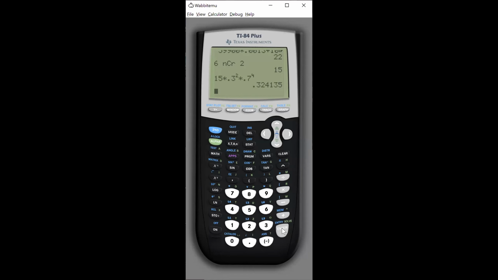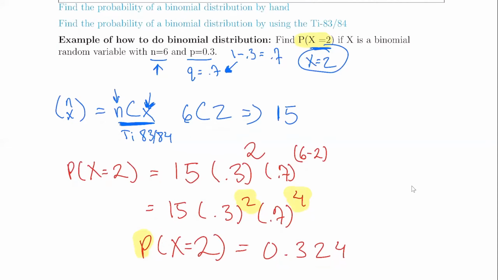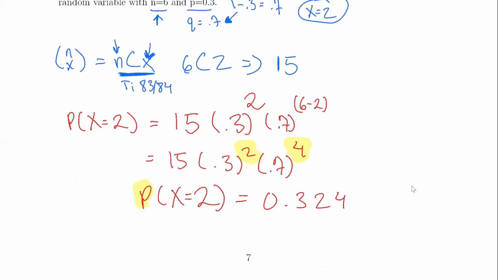And if you multiply that out, you get the probability that x is equal to 2 is equal to 0.324 and so on. And that's our final answer for that part. Any questions on how we did that part?